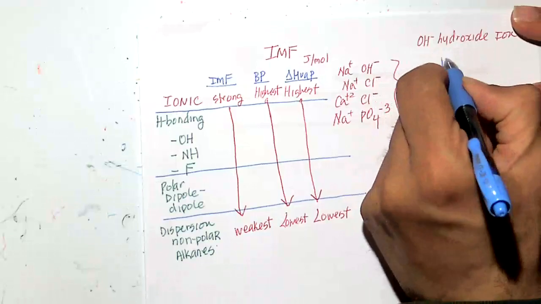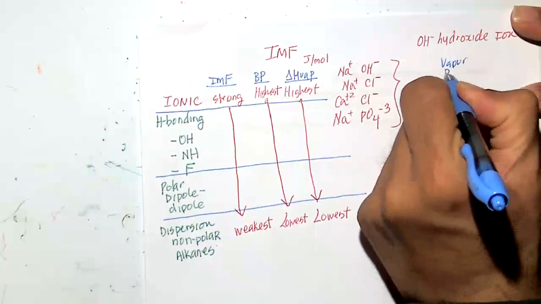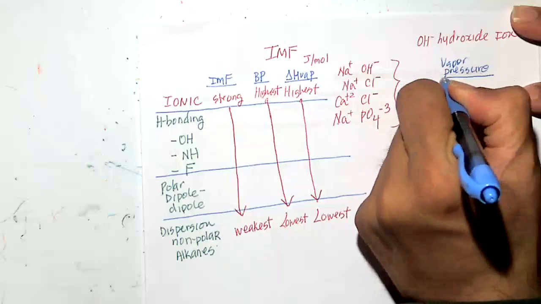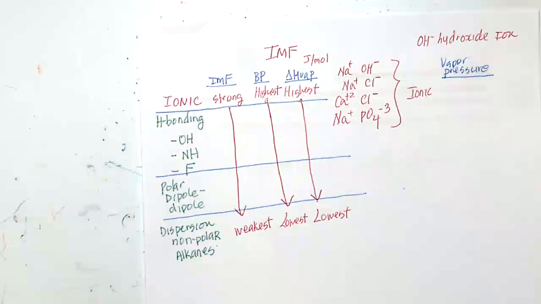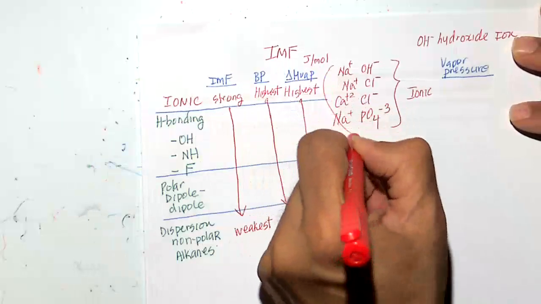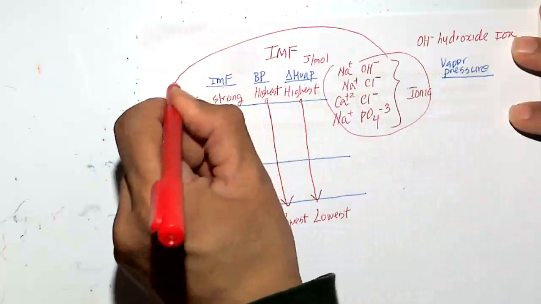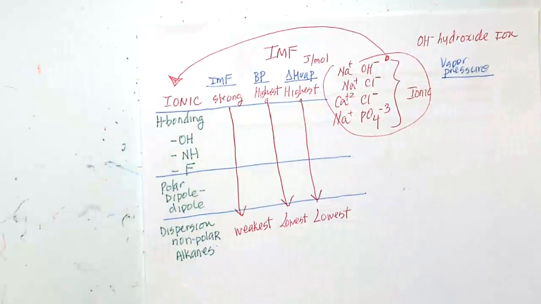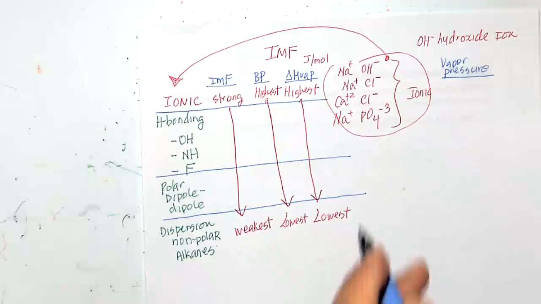What about the vapor pressure? What would the vapor pressure be for something that is ionic?